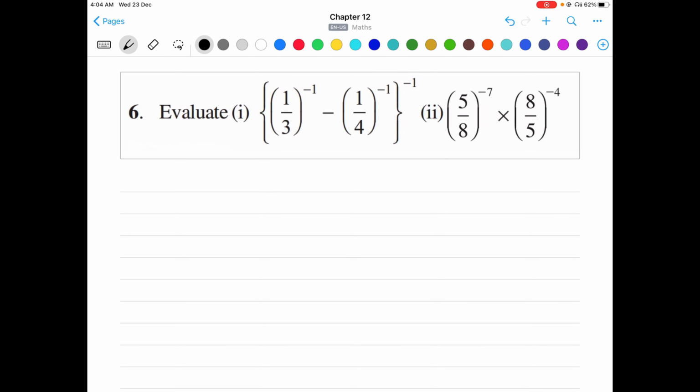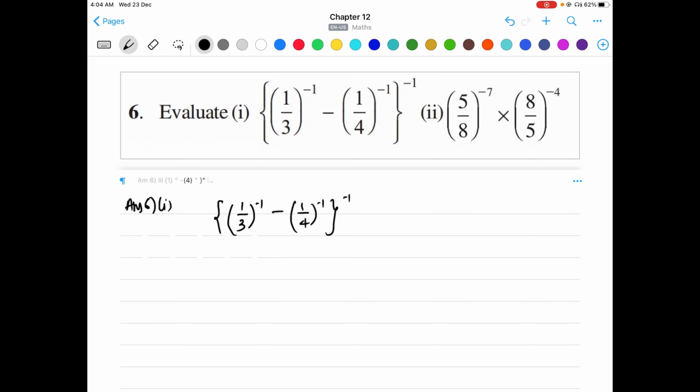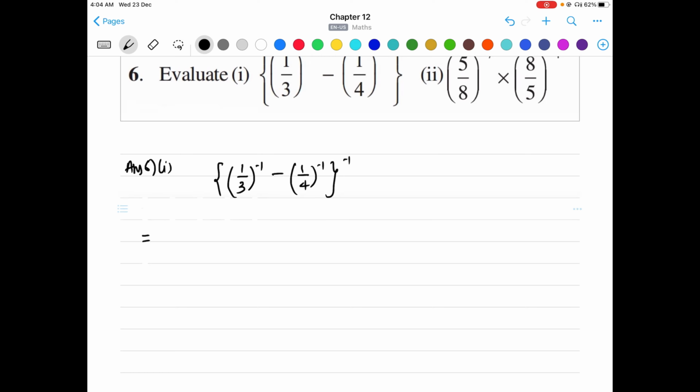Moving ahead to the next one, question number 6. Let's start with the first one. What we have here is 1 by 3 power minus 1, minus 1 by 4 power minus 1, then whole power minus 1.